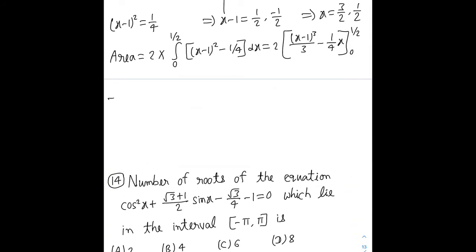Now when you try to simplify it, when you substitute x equal to 1 by 2 over here, 1 by 2 minus 1 is minus 1 by 2 whole cube, that's minus 1 by 8, divided by 3, so it will be minus 1 by 24. And then if you put x equal to 1 by 2 here, you will get minus 1 by 8.